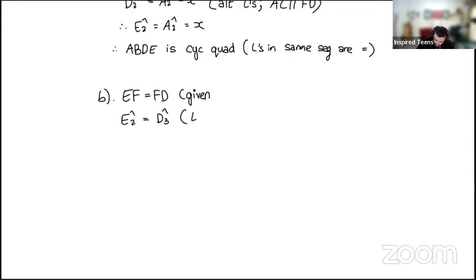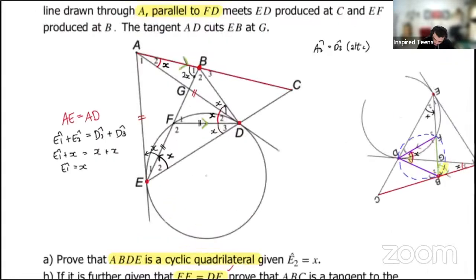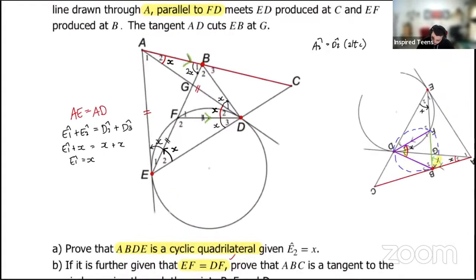This is angles opposite equal sides. Therefore D3 is equal to X actually, so we don't have to write it. We can just say, let's put it here one time, which is equal to X. So E2 is equal to D3, which is equal to X.